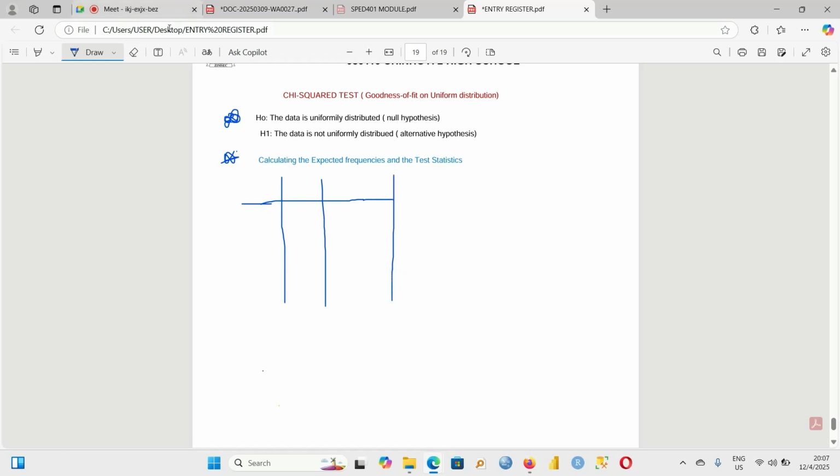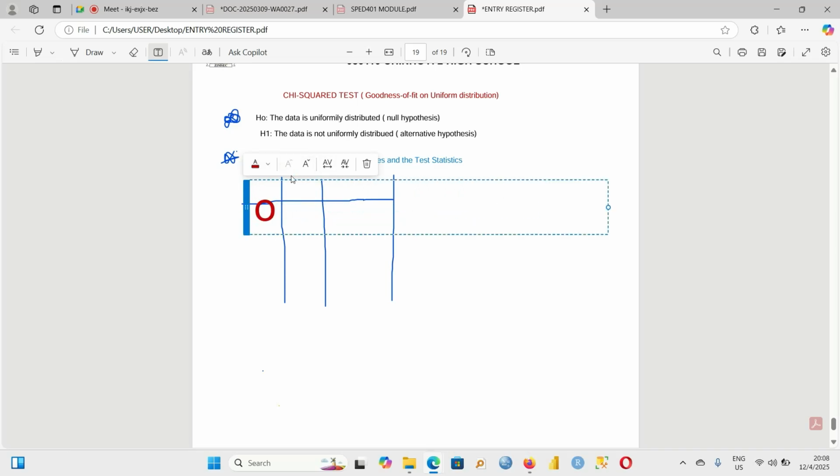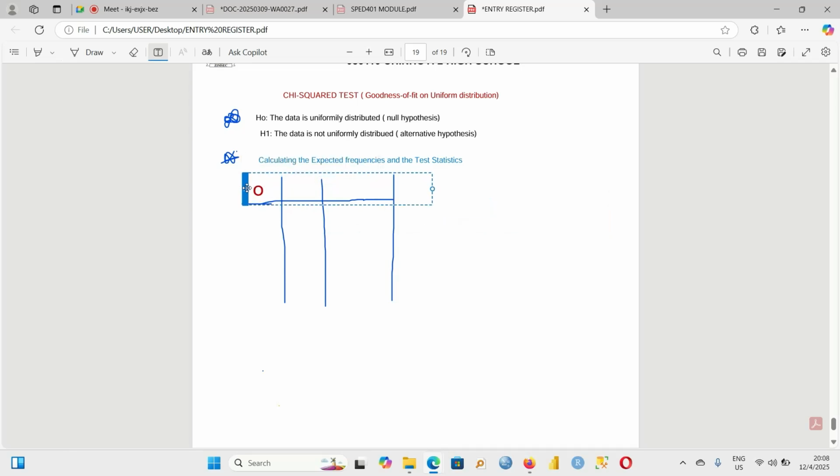We have observed frequencies here, and here the expected frequency.